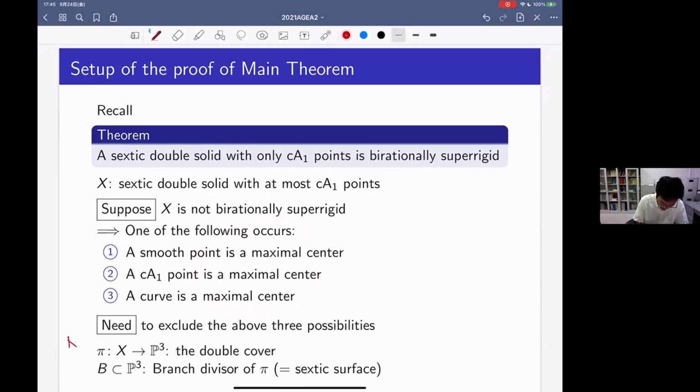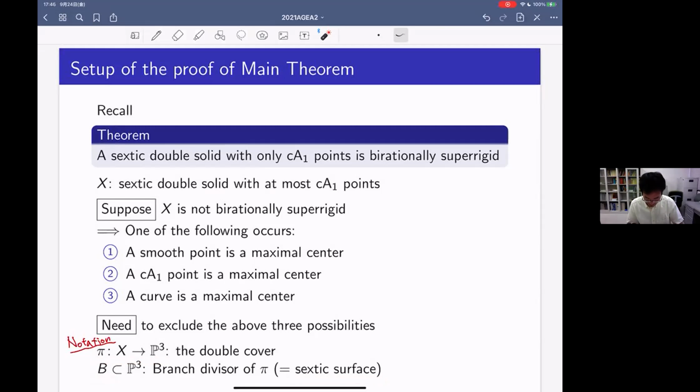Here is some notation. For a sextic double solid X, I denote by pi the double cover, and B the branch divisor of the double cover, so it is a sextic surface.